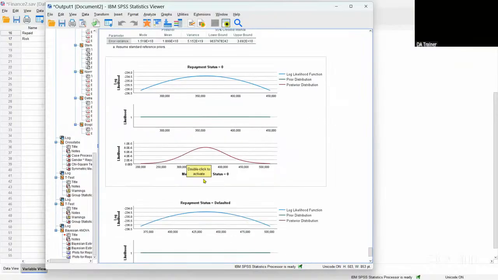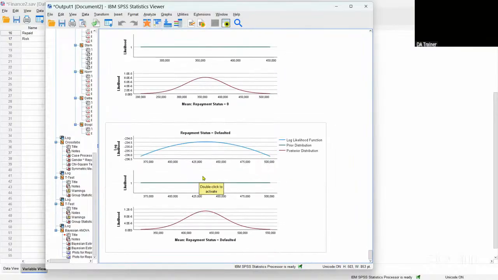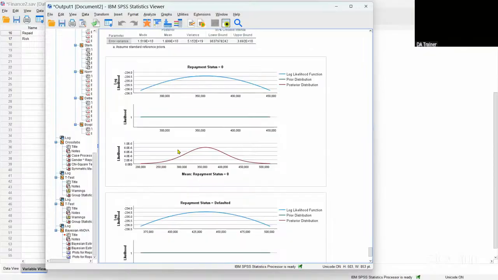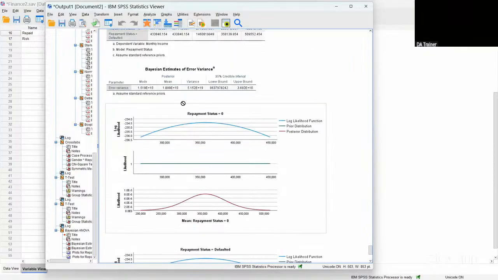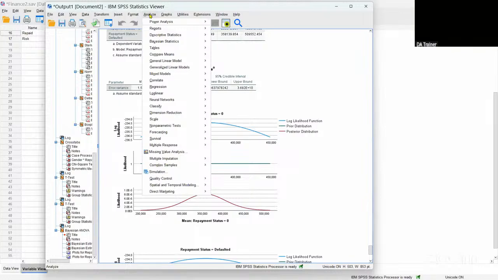With that, we want to confirm if the probability of significance is less than 0.05. If that is done, then our answer is right, that those that have high income pay their loan as at when due.